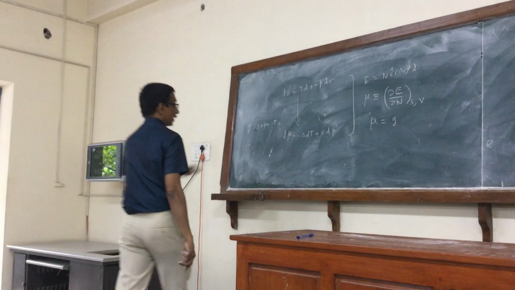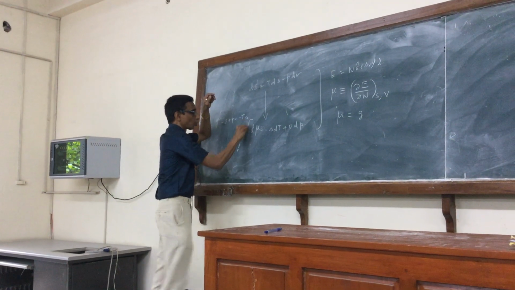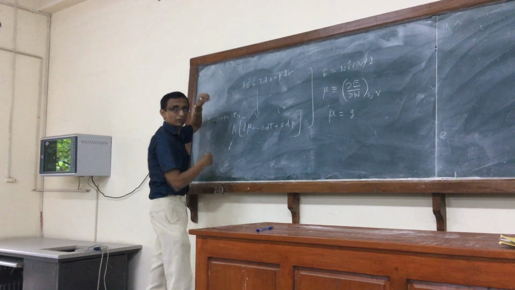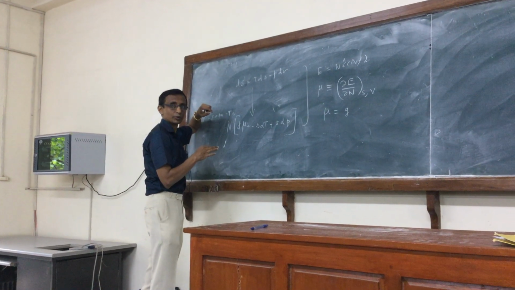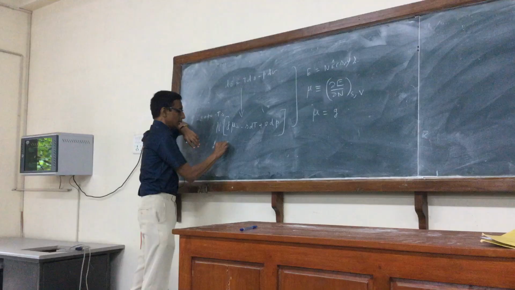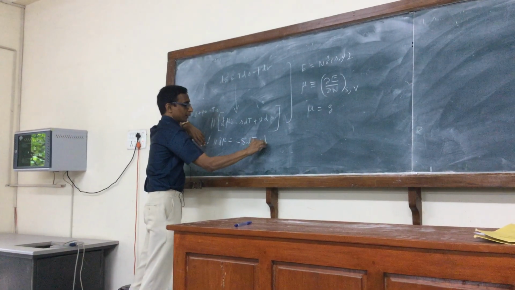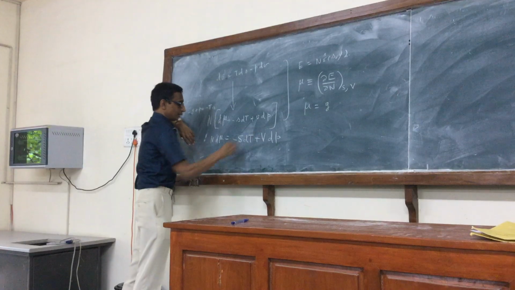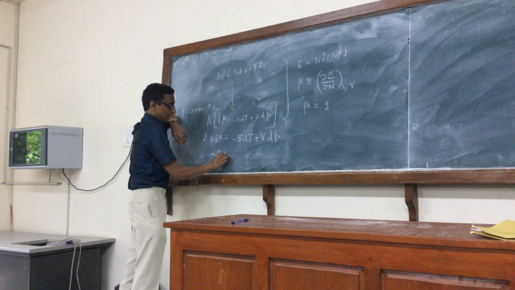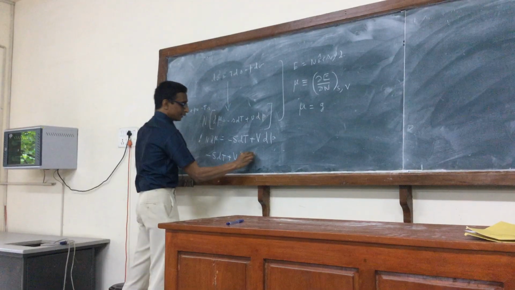So now, if I multiply this by the total number of moles, I get a famous equation. That's why I forgot to mention that. And so we get N dmu is equal to minus S dT plus V dP, and then this can be written as minus S dT plus V dP minus N dmu.